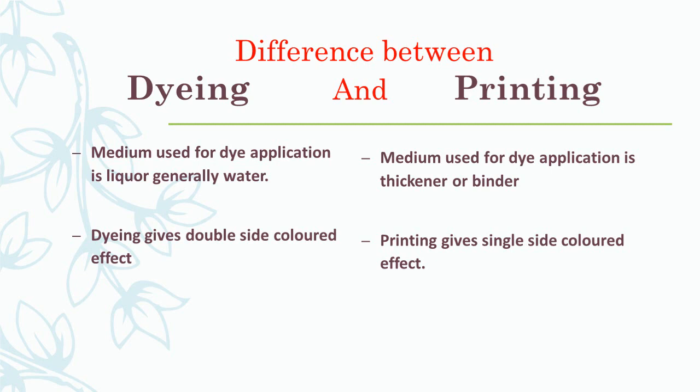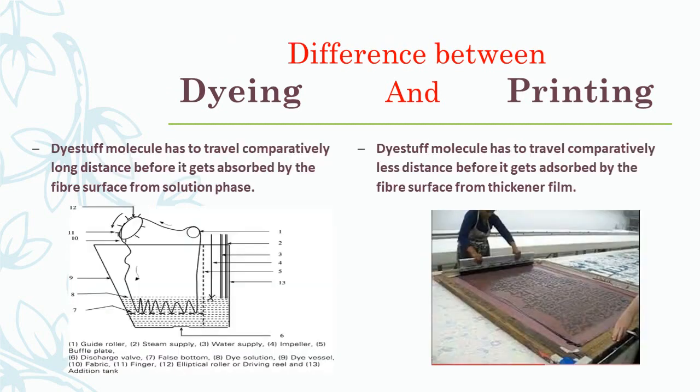Okay, so this job you can do later. Better you observe 3-4 dyed samples, 3-4 printed samples in your home, in your room, wherever you are staying, and you will understand it. So printing gives us a single side colored effect, whereas dyeing gives us a double side effect. Another difference in dyeing and printing, now this is a bit difficult to understand.